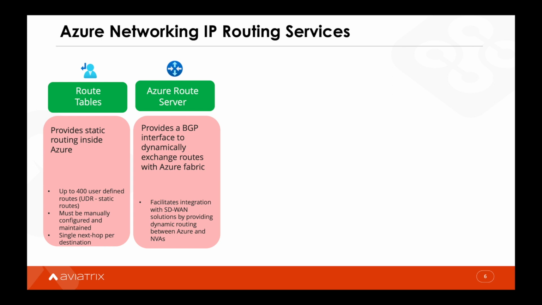It doesn't use weight, it doesn't use local preference. So pretty much two routes that have the same AS path length that are advertised to Azure Route Server are considered equal. And it also supports AS path loose, meaning the first AS in the AS path doesn't have to be the same. Azure Route Server only looks at the length of the AS path.